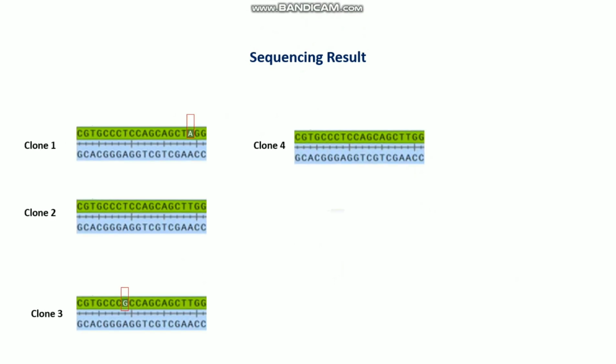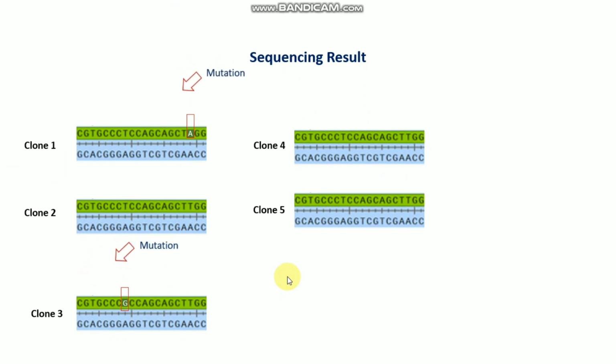When you get the sequencing result, you need to analyze those results. Here I mention the sequencing result of 5 clones. As you see here, clone 1 and clone 3 contain a mutation. You might get some mutation in some clones. When you find a mutation in the clones, you need to eliminate those clones because of the mutation, they cannot be used anymore.